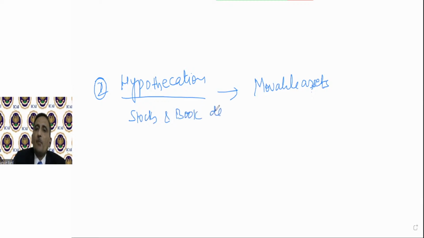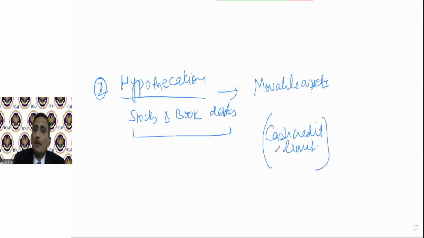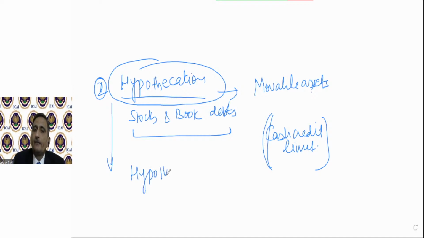Say the company has been sanctioned a cash credit limit against the primary security of stocks. Then how would the security be created? The bank would prepare a hypothecation agreement.